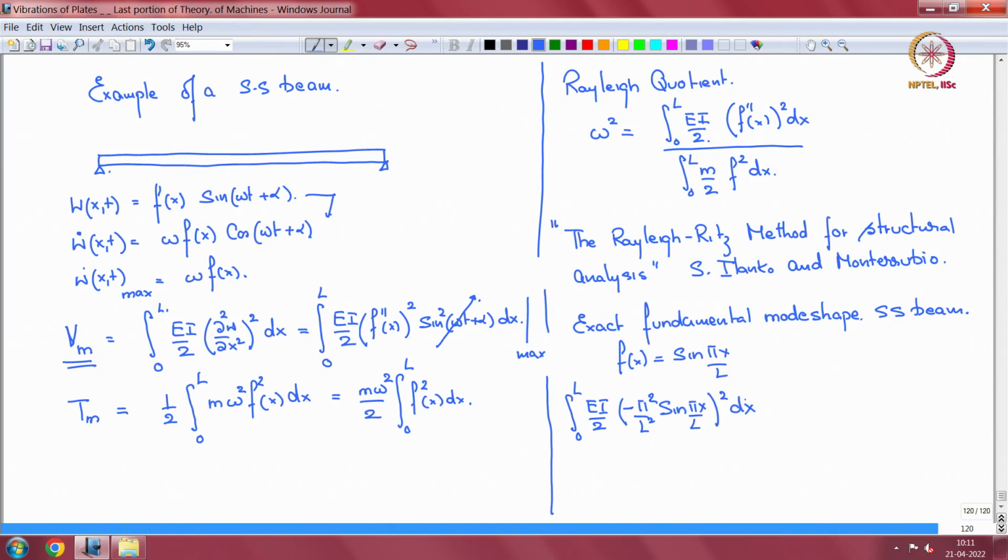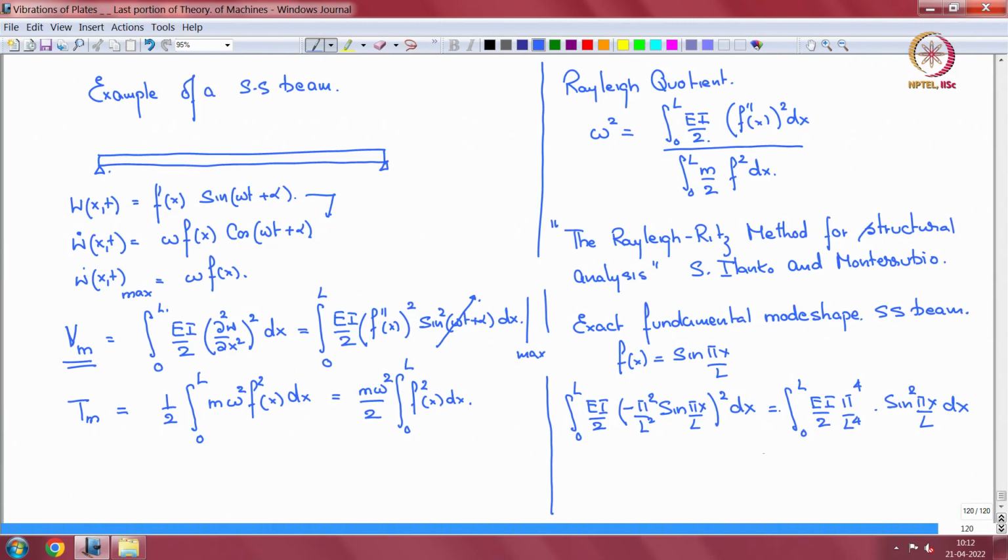That is equal to the integral 0 to L of E I by 2 pi fourth by L fourth into sine square pi x by L dx.